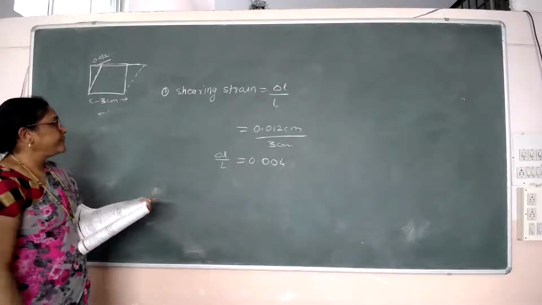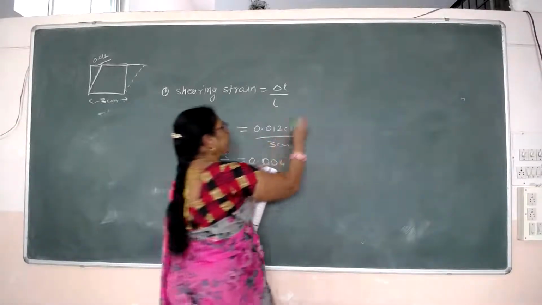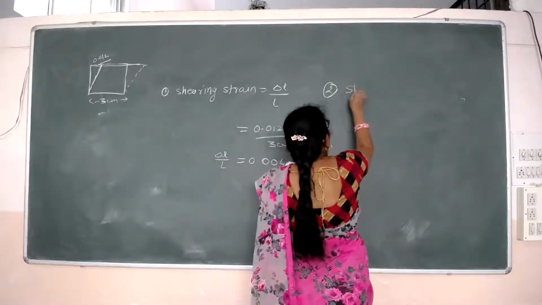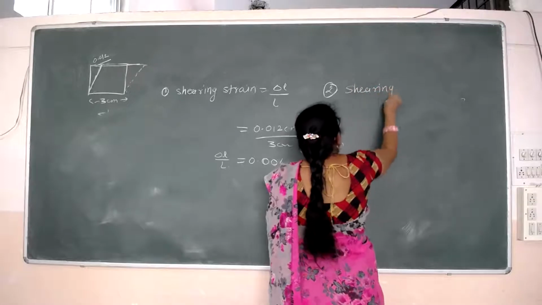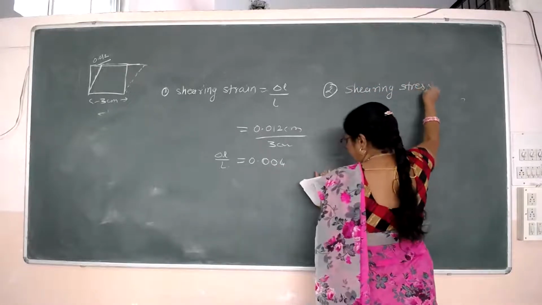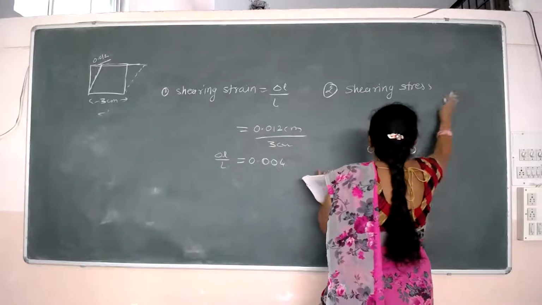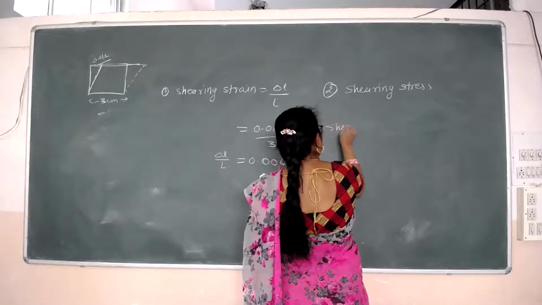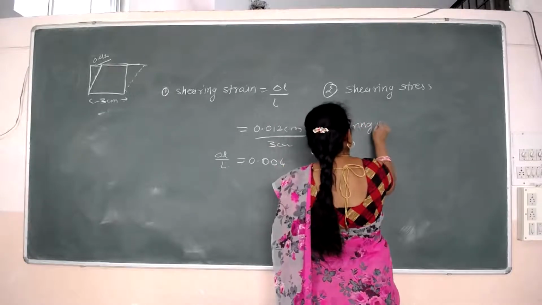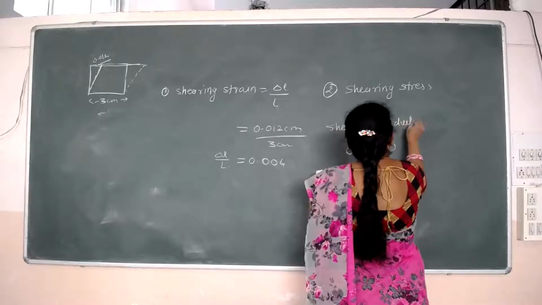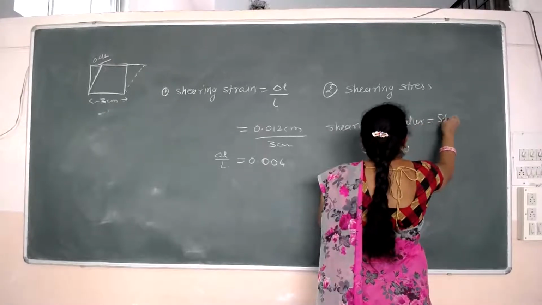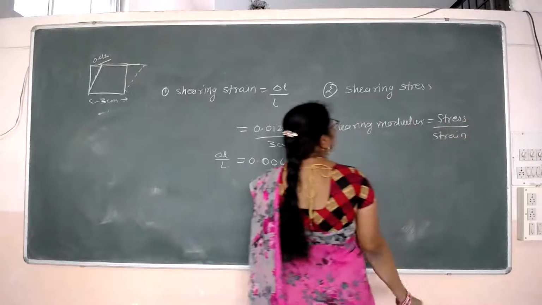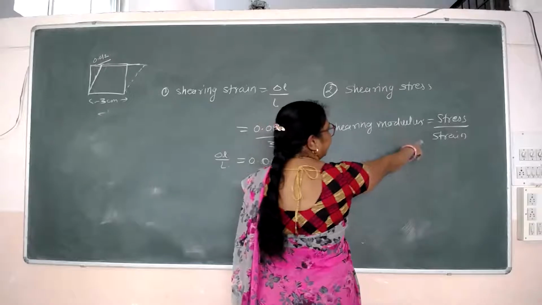See the second point, to find out the shearing stress. We know that shearing modulus, that is Young's modulus or the shear modulus, is equal to stress divided by strain.